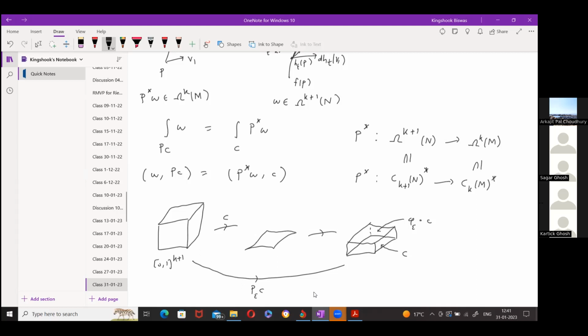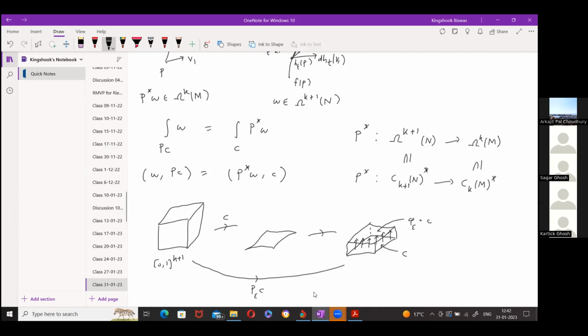Is this clear? So you see the vertical sides of this, in the vertical direction, this is more or less tangent to the vector field X, right?